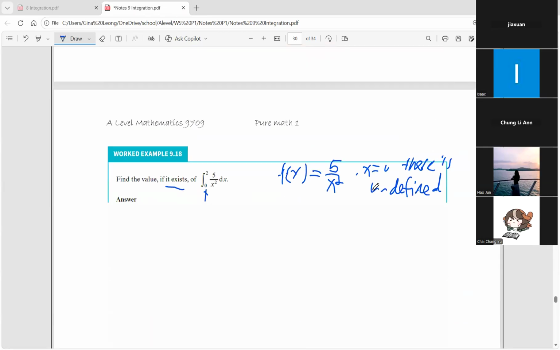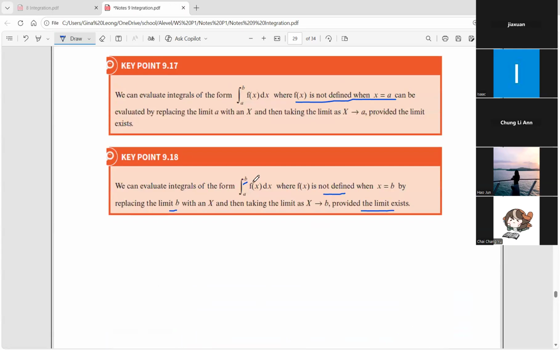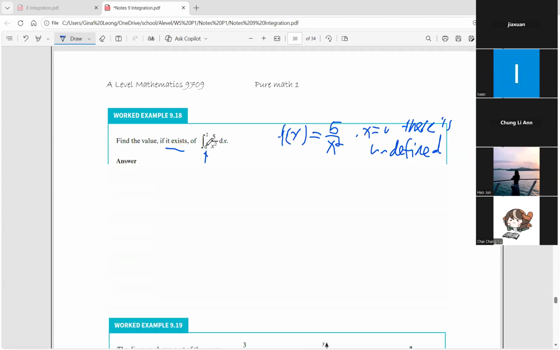That is my case, which means it's type 2. He explained how to do it: it can be evaluated by replacing the limit a with x. So here, I need to replace it with x.